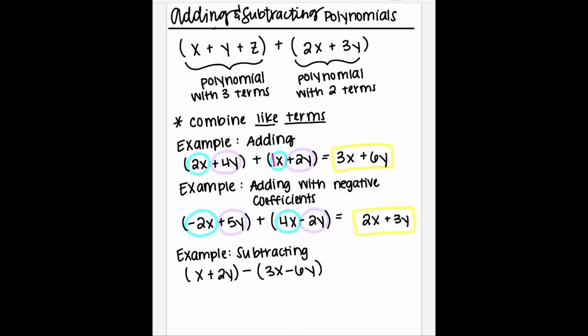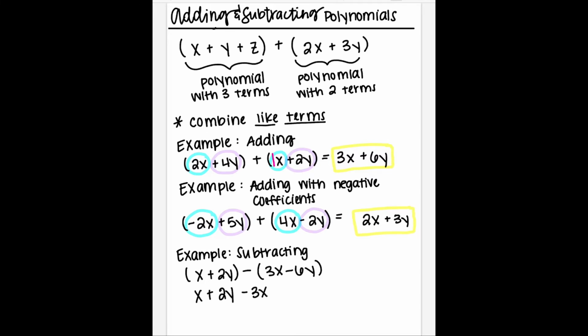So we can bring down the first polynomial. Then we're going to think of each term in the second polynomial individually and subtract both of them.